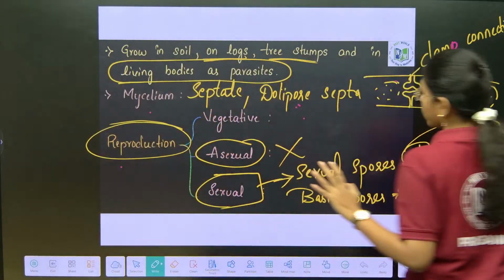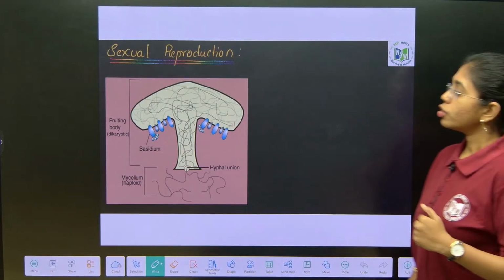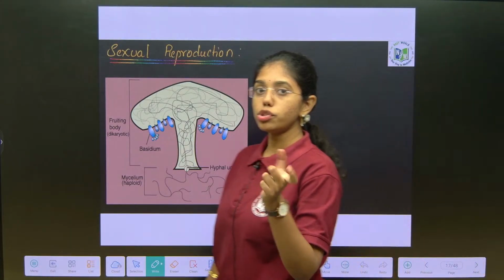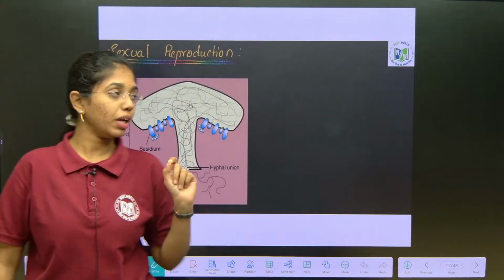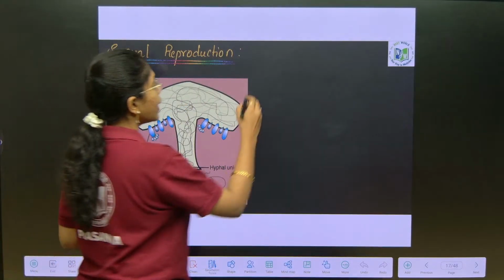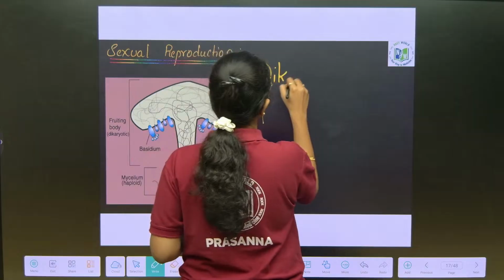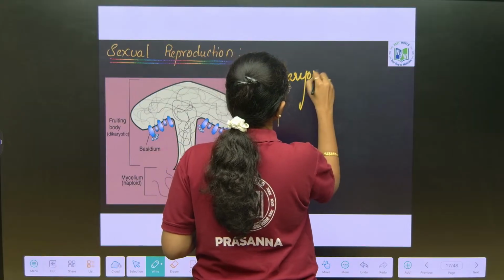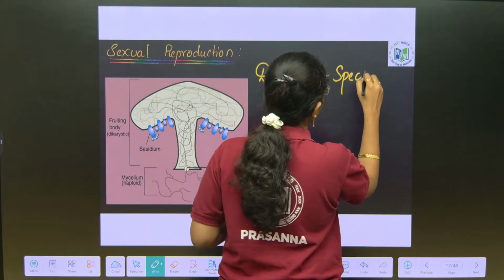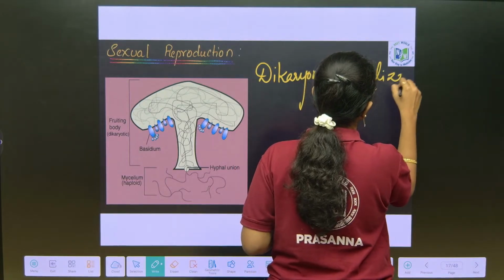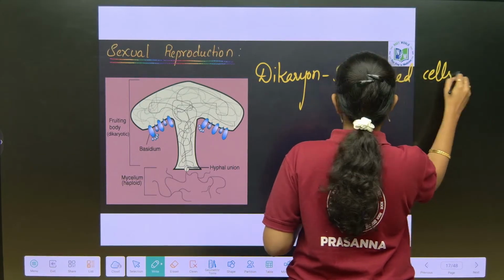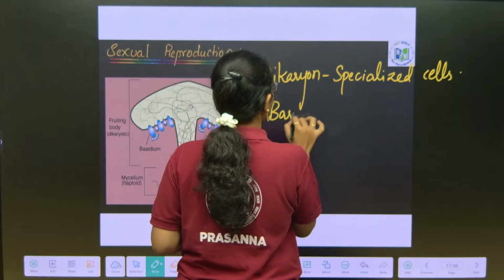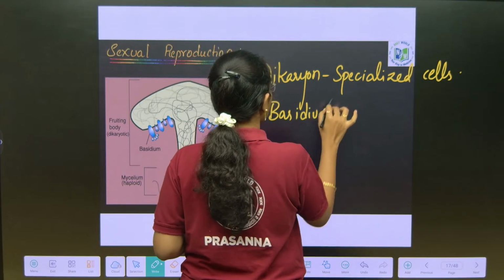Right. Next, sexual reproduction. So, here you can see after the fusion of male and female gametes, dikaryon structure is formed. Those dikaryon specialized cells are basidia. Singular is basidium, plural is basidia.